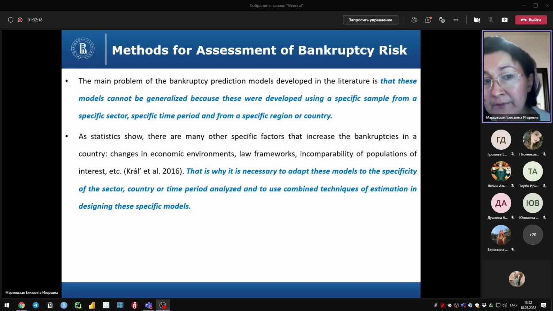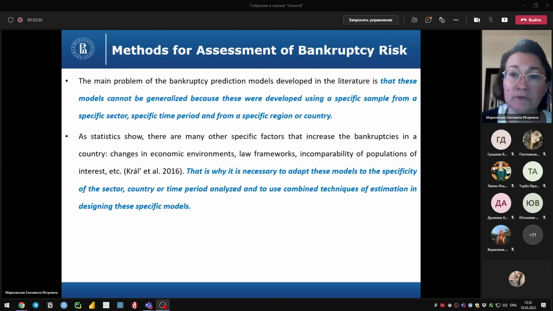These models cannot be generalized, because they are developed using a specific sample from a specific sector, specific time period, specific country. And that's why it is a very discussive topic how to adopt these models. But it is the negative side.